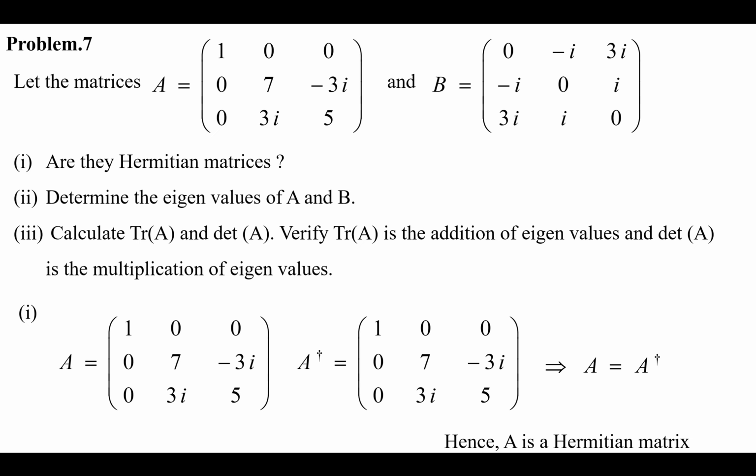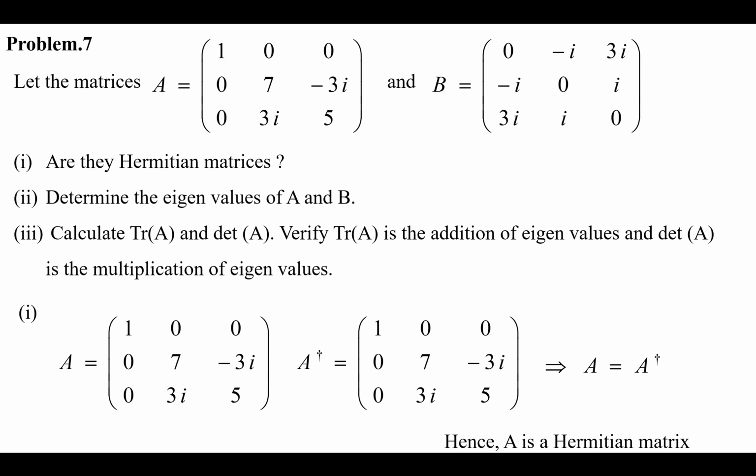So A row-wise is given as 1 0 0, 0 7 minus 3i, 0 3i 5. Your A dagger is the Hermitian conjugate. What is the procedure for taking the Hermitian conjugate? Just change the rows into columns and take the complex conjugate.